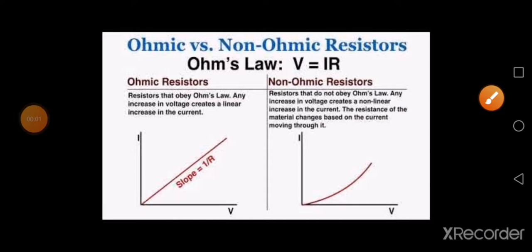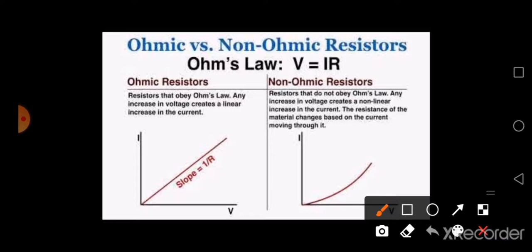Now let us see some differences between ohmic resistors and non-ohmic resistors. From the definition itself, the first difference is that one obeys Ohm's law and the other will not obey Ohm's law. So first point, ohmic will obey Ohm's law, non-ohmic will not obey Ohm's law. Second point, for ohmic resistors, if you draw an IV graph, it is going to be a straight line.